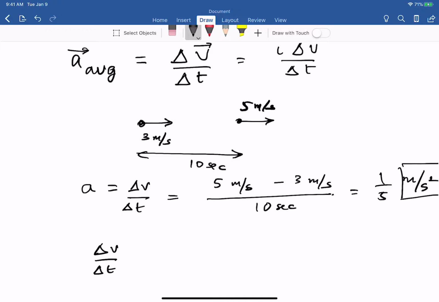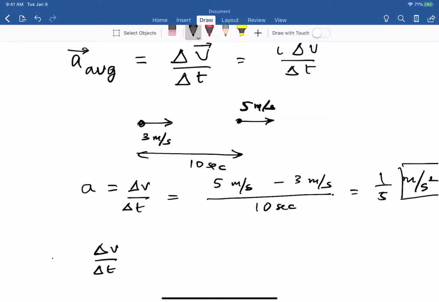So if you want to know the instantaneous acceleration at t equals 2 seconds, then delta t is a very, very tiny interval around the 2 seconds. So it might be something like 1.999999 to 2.0000001 or something like that.